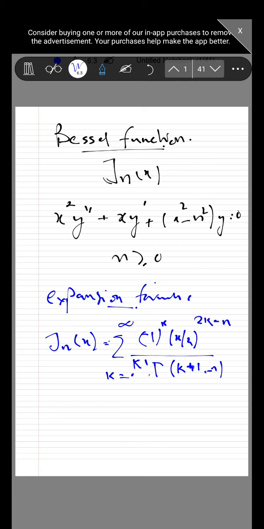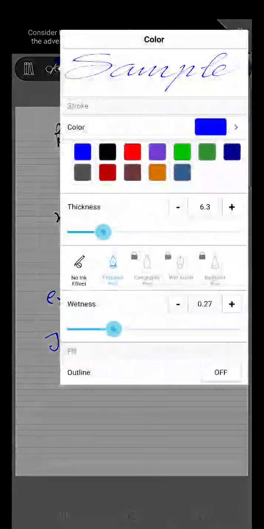So coming to the properties of Bessel functions.